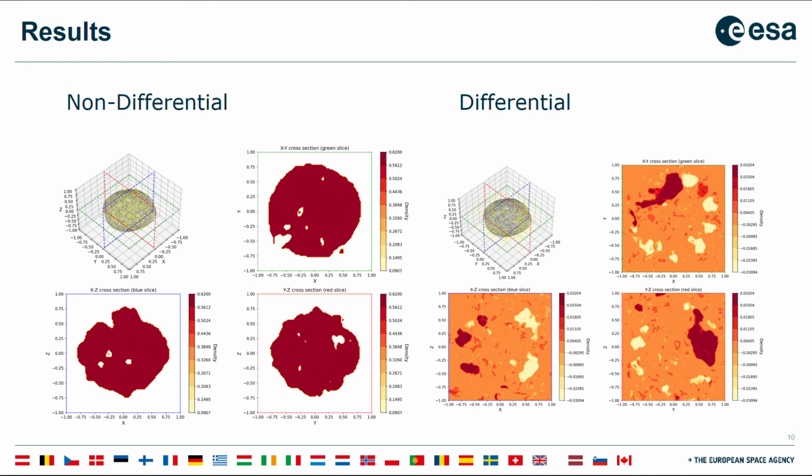And for the differential training, we see that mostly the scale is much lower. So if you look at the color coding scale, it's a factor of 20 less than the absolute one. And this means here that the differential approach, in contrast to synthetic data, didn't find any meaningful density variations within Bennu.